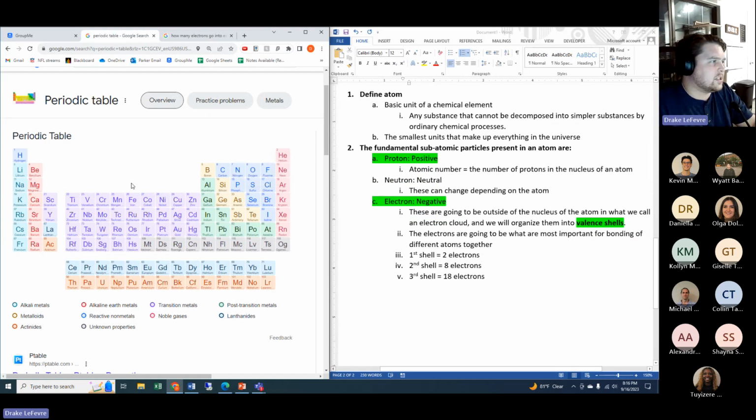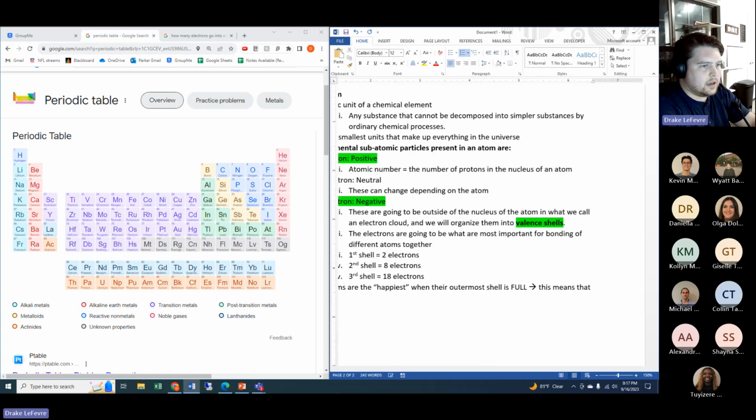We talk about this is the second shell, and all the way over here to the right, these are going to have a full valence. Their last valence shell is going to be full, and that's what we want to understand the most. Atoms are going to be the happiest when their outermost shell is full.